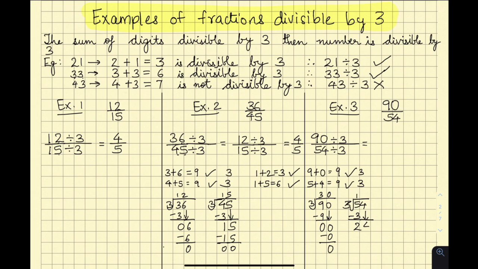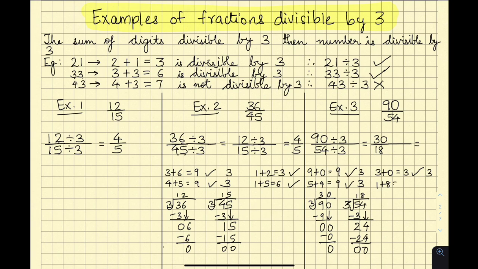I am bringing this 4 down. 3 eights are 24. So when I divide 90 by 3, I get 30. And when I divide 54 by 3, I get 18. Now again, if you look at these numbers carefully, 3 plus 0 is equal to 3. So this number is divisible by 3.